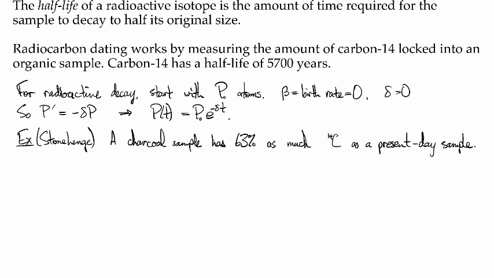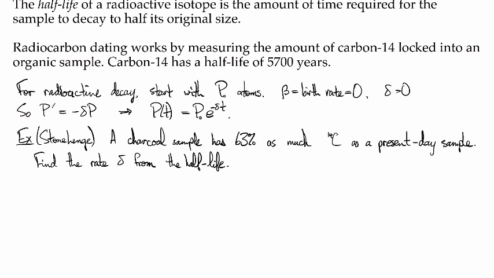Okay, so given the half-life of 5,700 years, we can find the rate delta. So how do we do that?